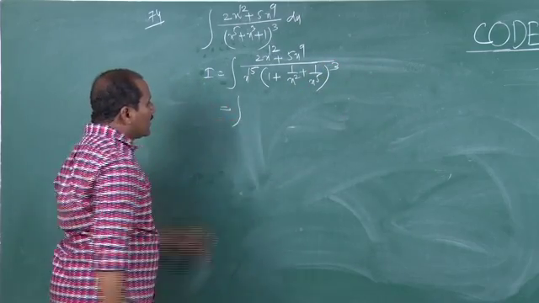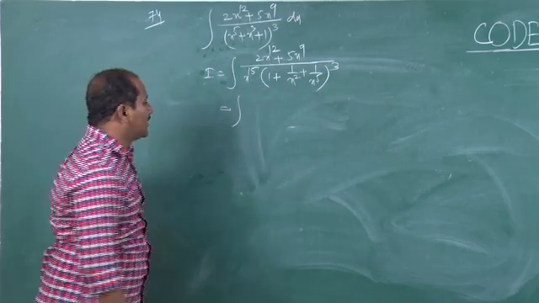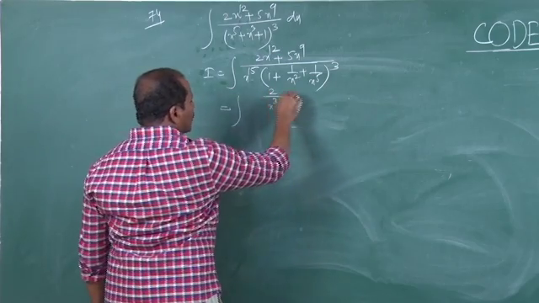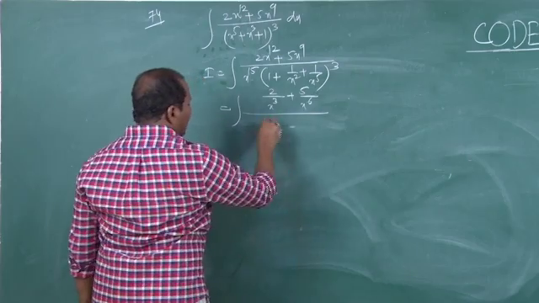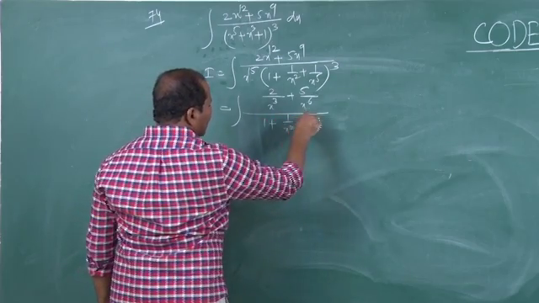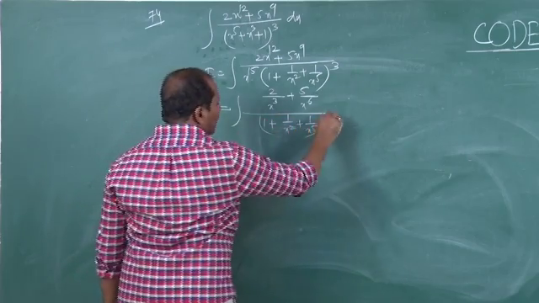Again divide this x power 15 into the numerator, that will be (2 by x cube plus 5 by x power 6) whole divided by (1 plus 1 by x square plus 1 by x power 5) whole cube.